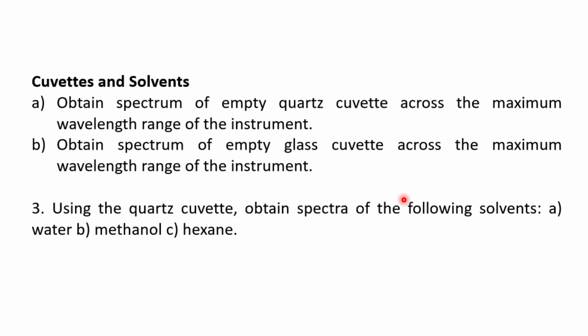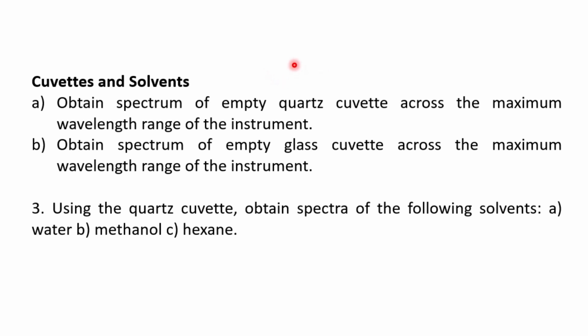There's also the cuvette and solvents that is talked about. Here you can obtain the spectrum of an empty quartz cuvette across the maximum wavelength range of the instrument, and then you can put the quartz inside and run it as well, and compare the differences. Because what you usually want is that your sample cell or cuvette shouldn't absorb in that region.